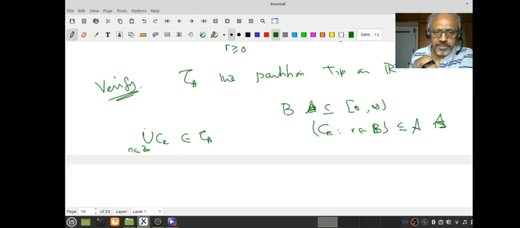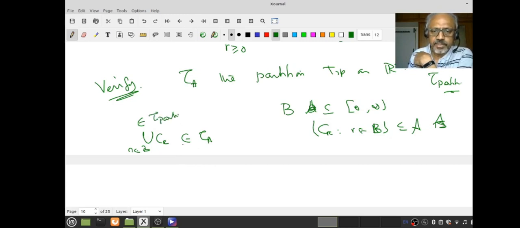But these are arbitrary. What are the open sets in the partition topology? They are unions of arbitrary collections of partitioning elements. Therefore, this also belongs to tau partition.